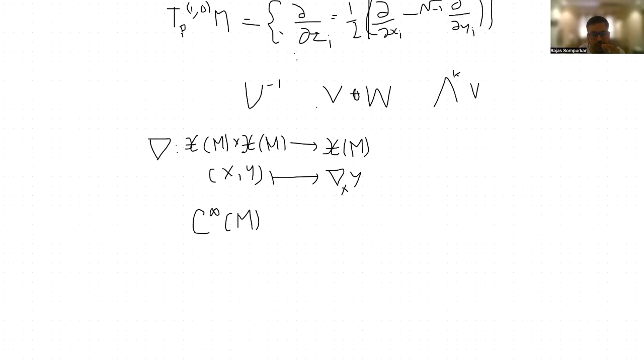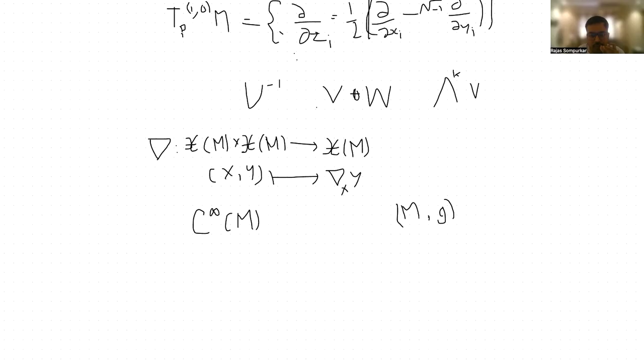So now if we equip this manifold capital M with a Riemannian metric G, then we get a Riemannian manifold, and from Riemannian geometry we know that there exists a unique affine connection nabla on M which is torsion free.